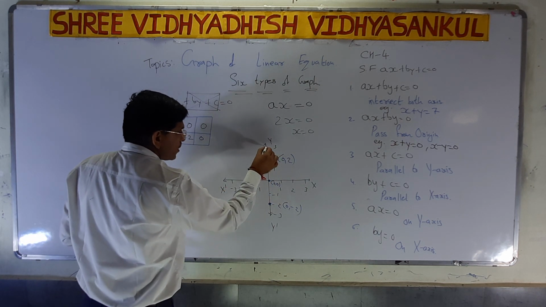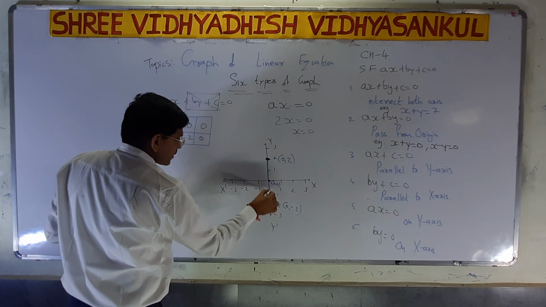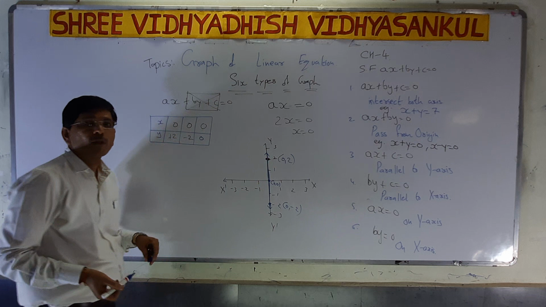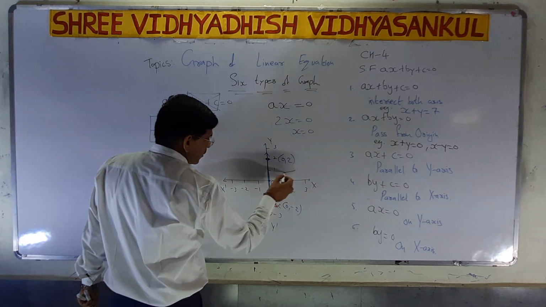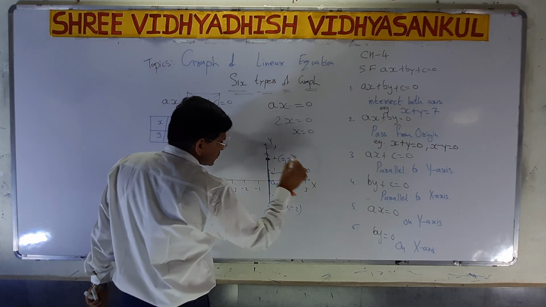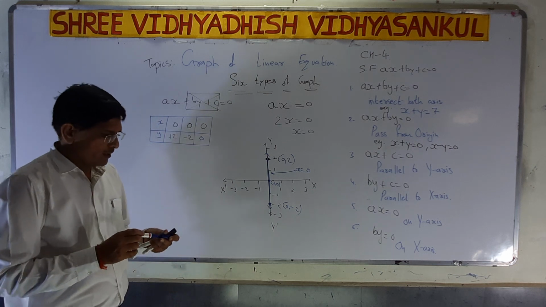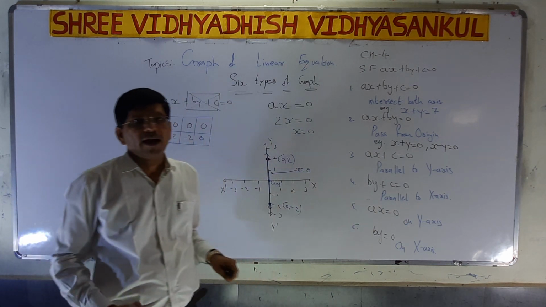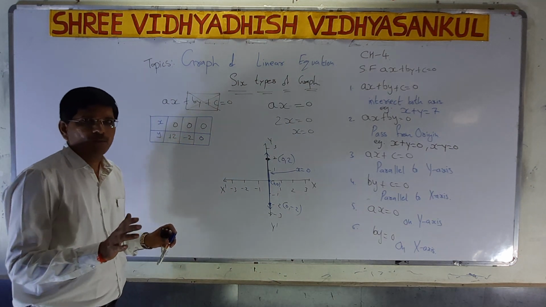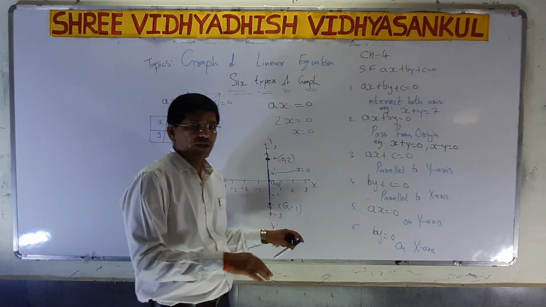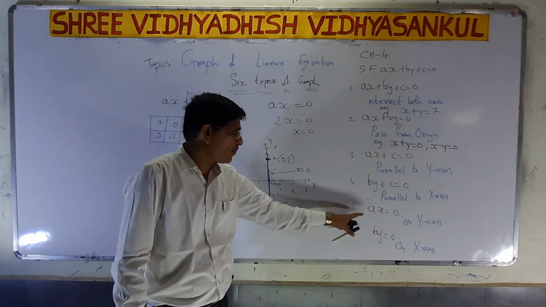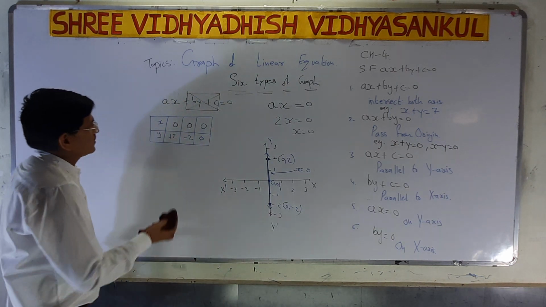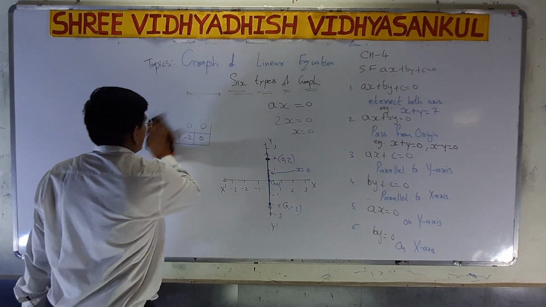So the graph is present on the y-axis, and we have to make an arrow and write x is equal to 0 type graph. So x is equal to 0 type graph on the y-axis. Clear? It is the reverse, or we can say inverse or opposite, of by is equal to 0. So this is the sixth type of graph.